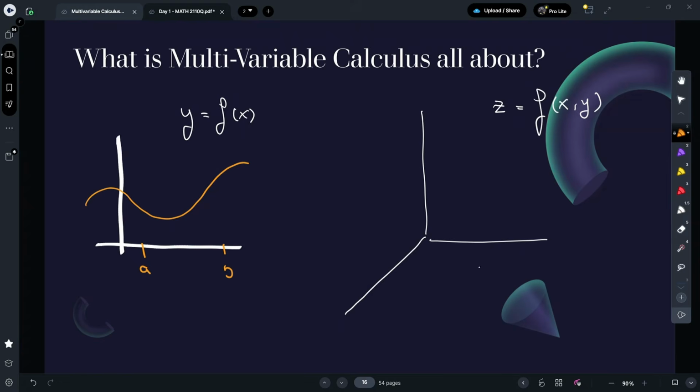But maybe our domain is some sort of shape in the xy plane. Let me try to do a better job at drawing a circle. And then the graph is going to be some surface above that. So suppose that the graph is, I don't know, some paraboloid like this.